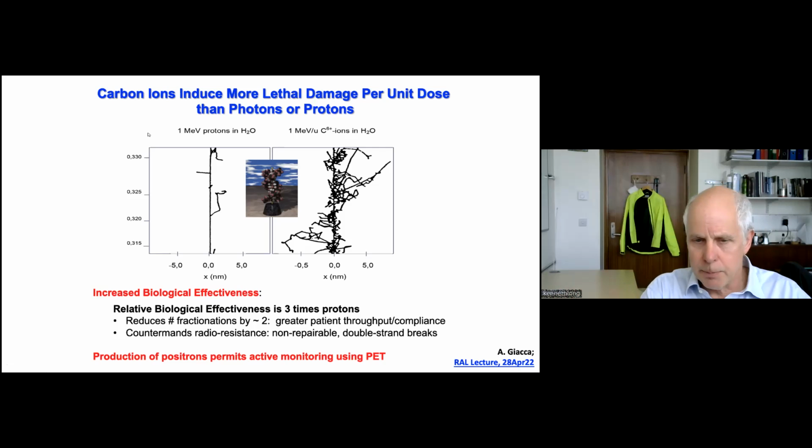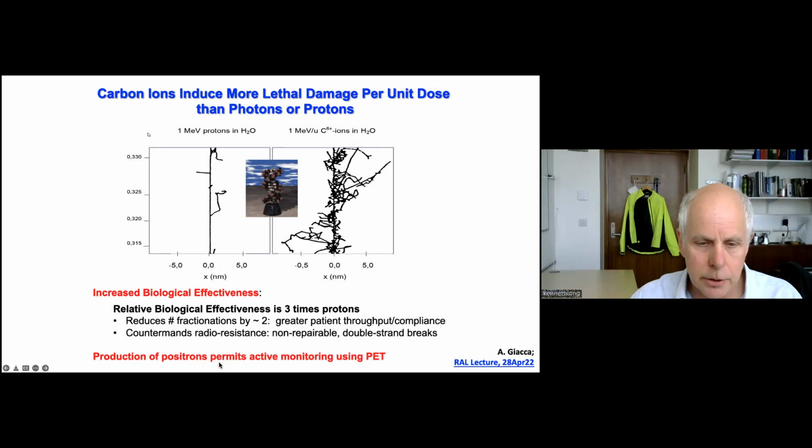And in fact, as the carbon is slowing down, the mean free path between collisions is really getting down to the size of the diameter of the double helix. So the damage to the DNA is really being caused by primary interactions, not by the free radicals. The balance between that needs to be understood better.